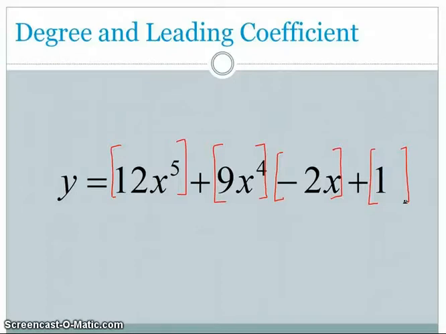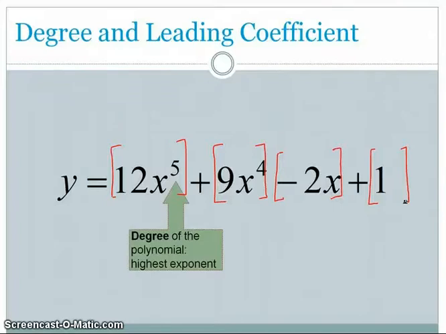The first one is the degree of the polynomial. The degree of the polynomial is the highest exponent in the polynomial. So of all these terms, and there are 4 here, of all the terms that I have, this term right here, 5, is the highest exponent. So the degree of this polynomial is 5.